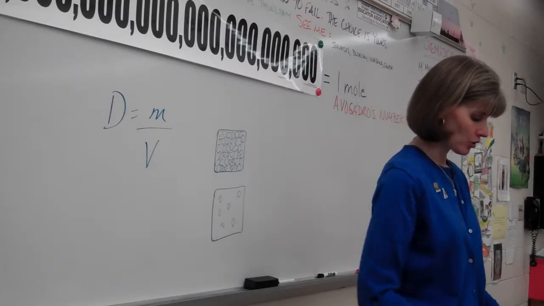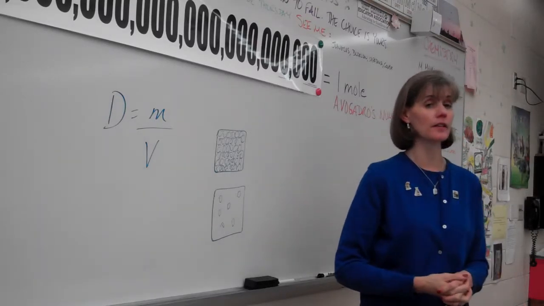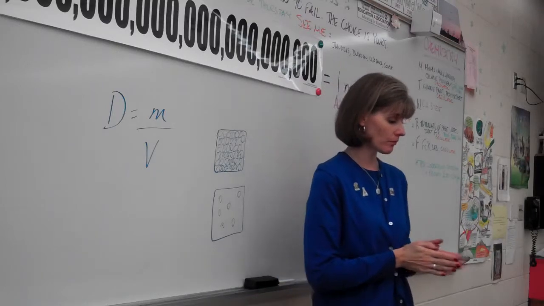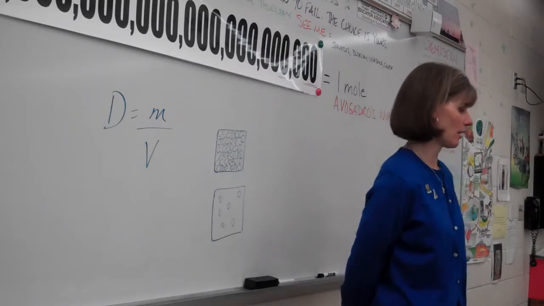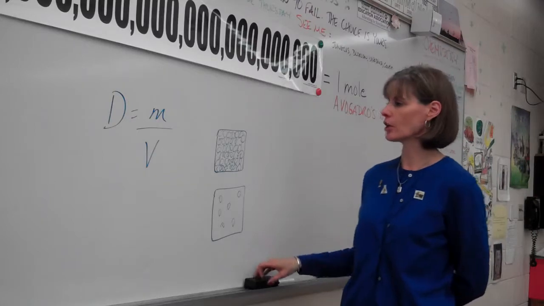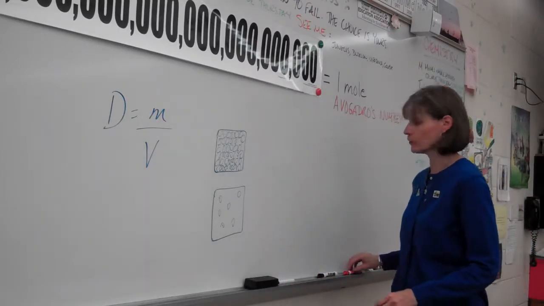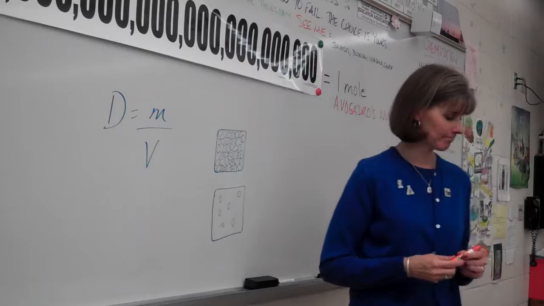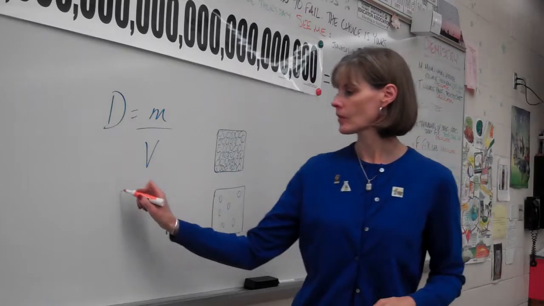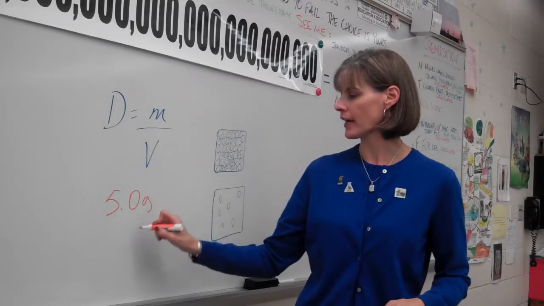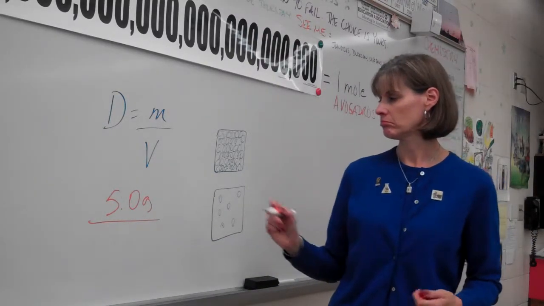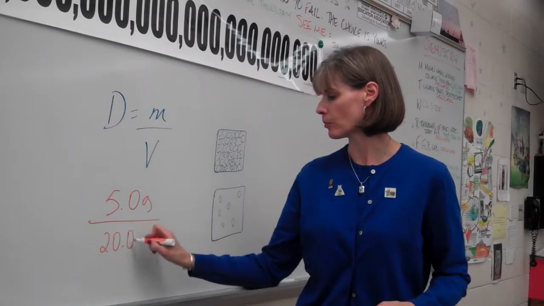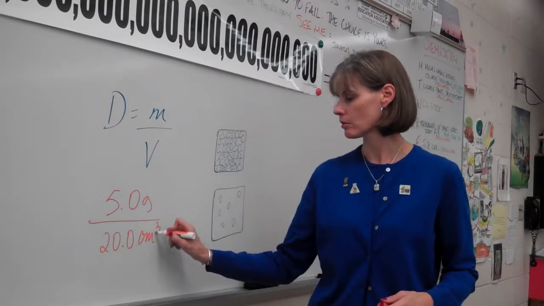22. In 22, you're actually going to calculate the density, and I will give you the mass and volume. What are you going to do with those numbers? Divide them. What measurement unit are you going to end up with if I give you, say, 5.0 grams in 20.0 centimeters cubed?